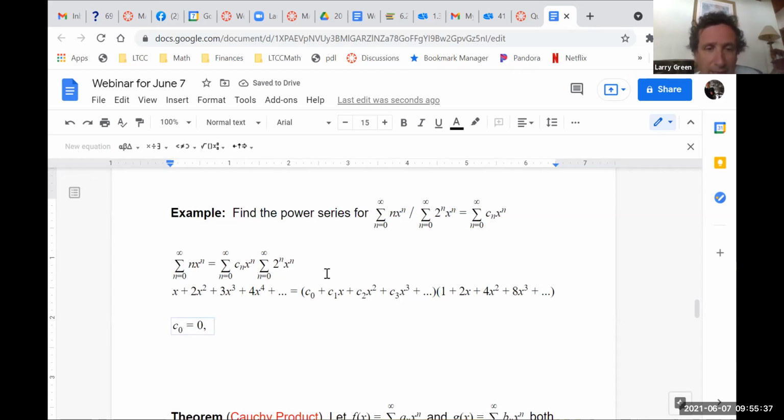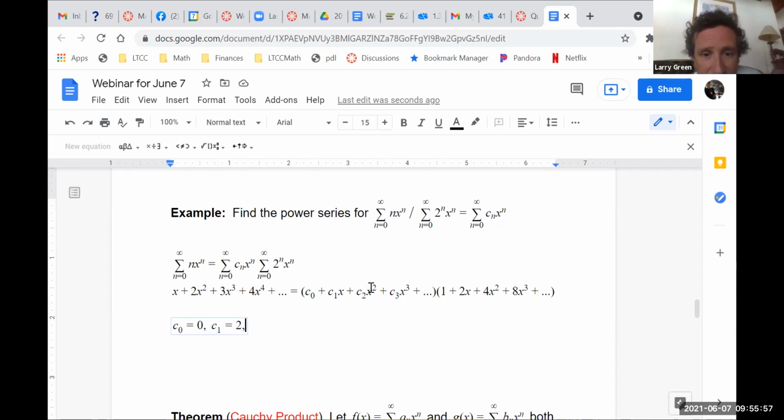Okay, then we get the first order term. Well, the first order term, c naught 0. So we get c1, just c1, and c1 must be 2. And then we look for c2. So we need this.